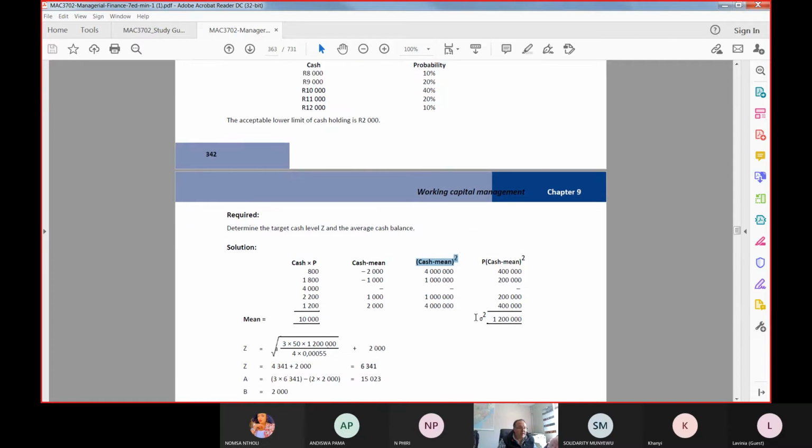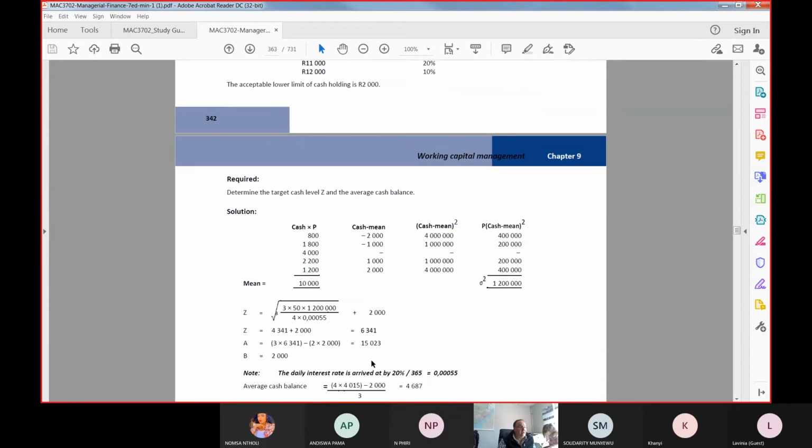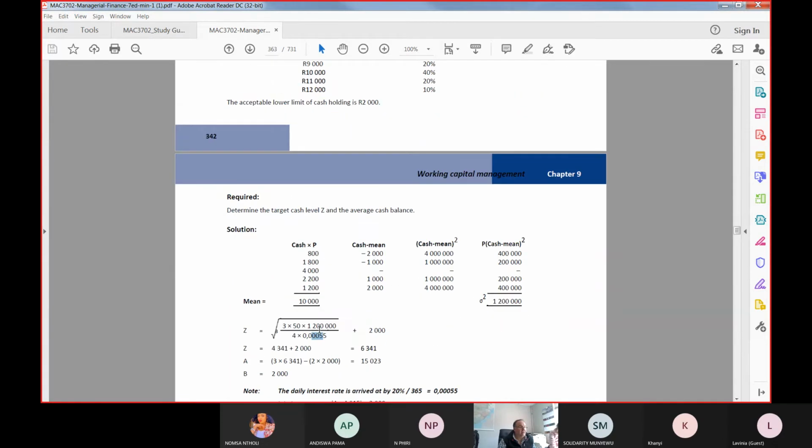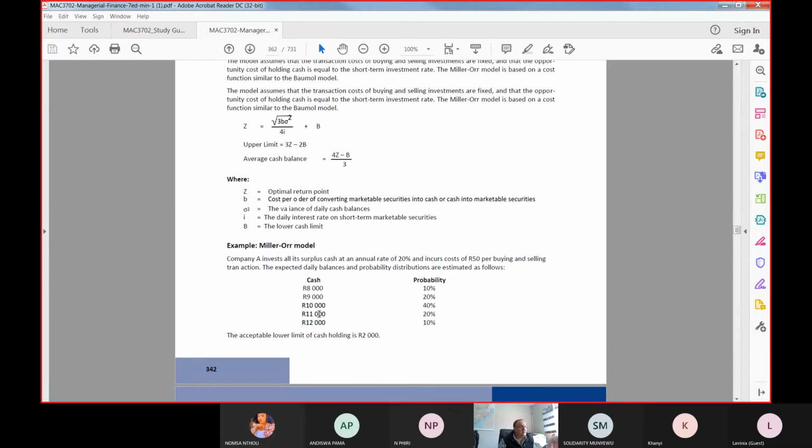Okay? So once you have that figure, you put it in the formula. Going back to the formula, B is the borrow, and the EQ is the 1.2 million here, 4 over, that is 0.5%. That is when they have taken the interest rate.